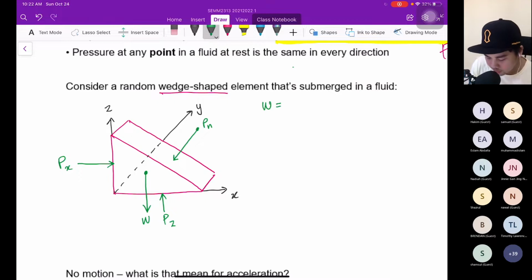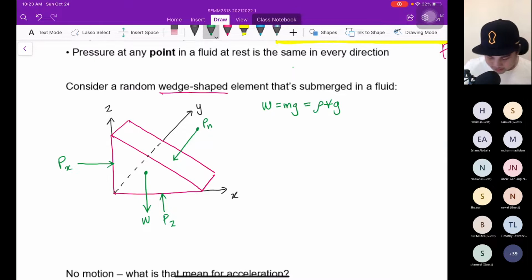The formula of weight: weight equals mass multiplied by gravity. The mass is the density multiplied by volume, so the weight of this element is rho V g.